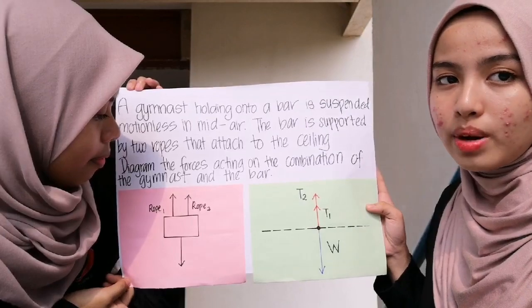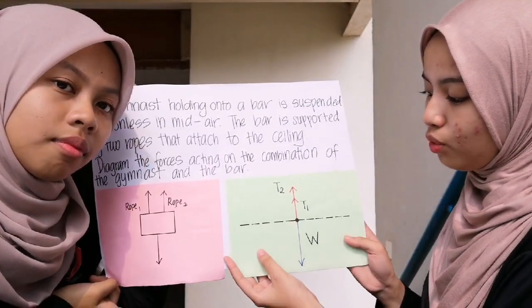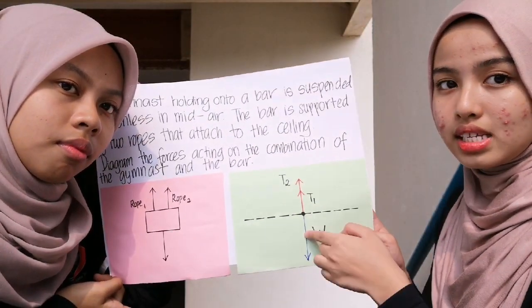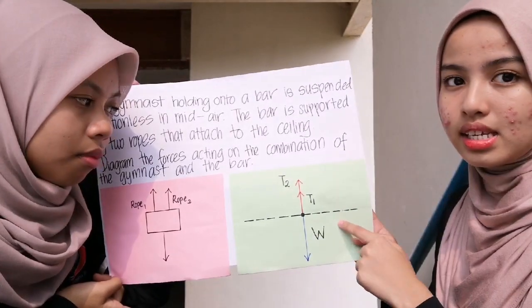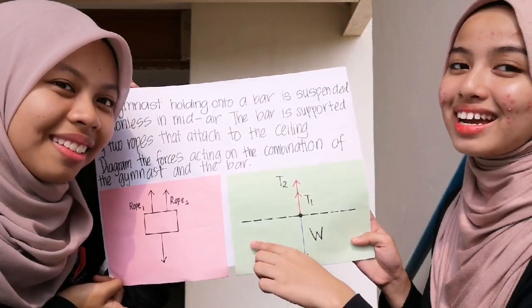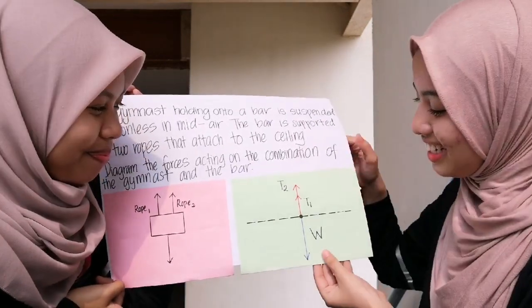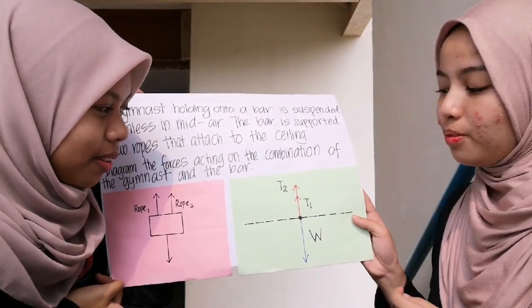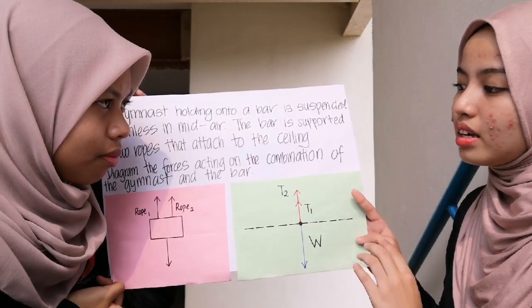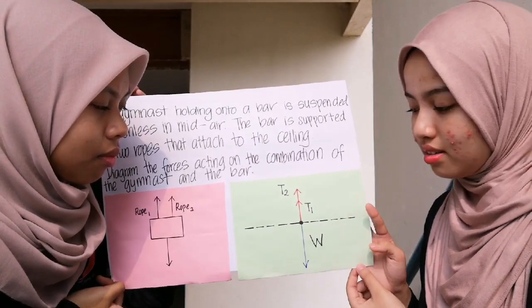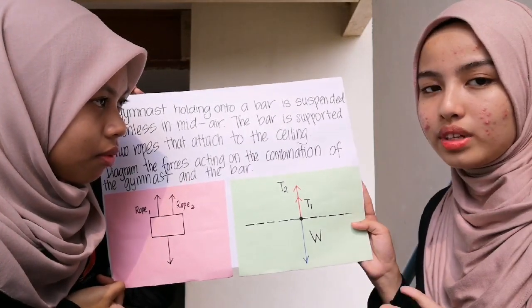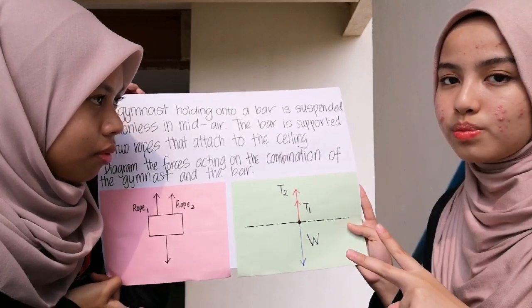For the free body diagram, we have to draw the axis first, the y-axis and the x-axis. For this question, we know that we have two ropes.